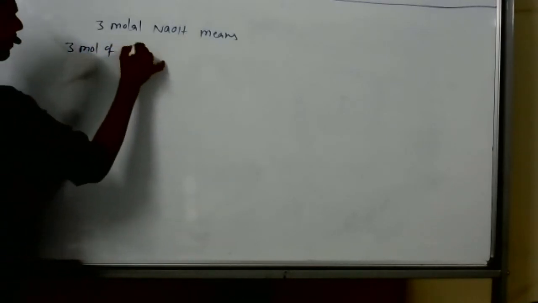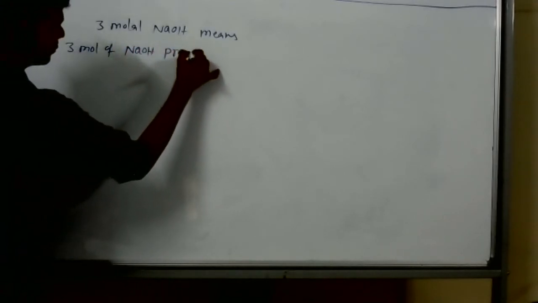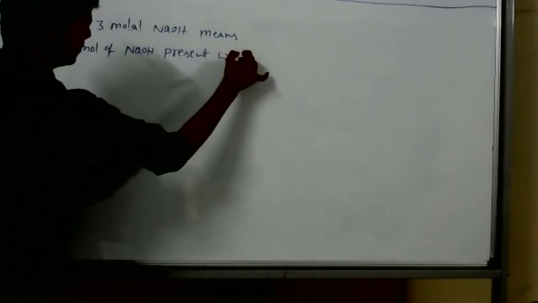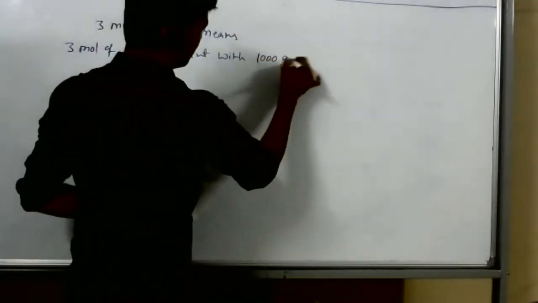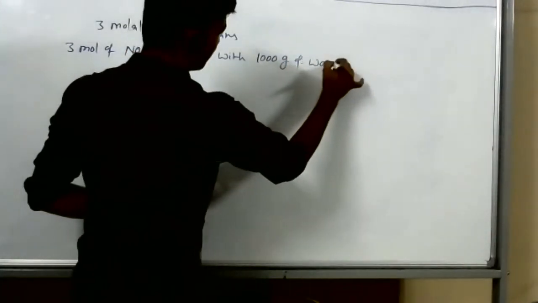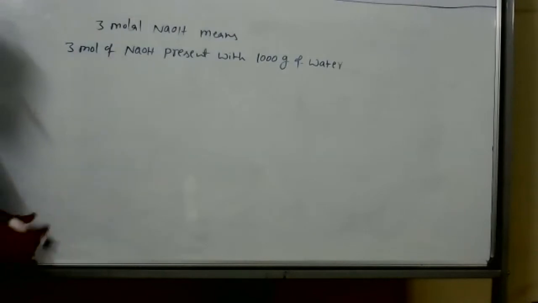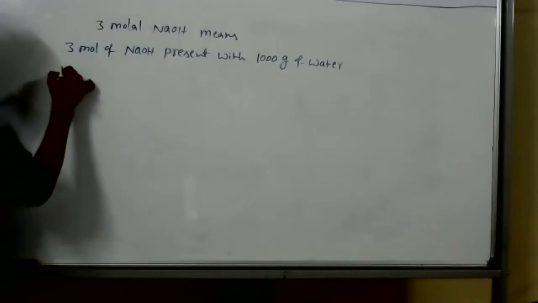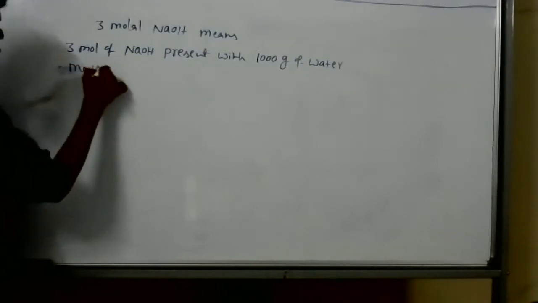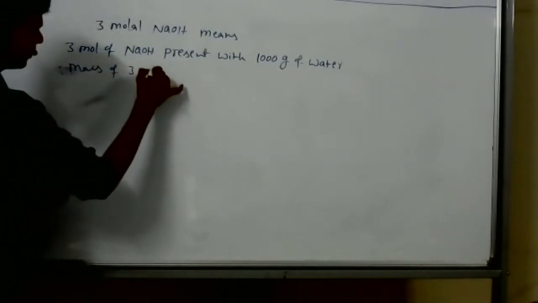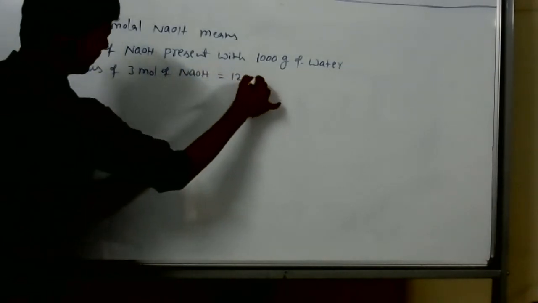The mass of 3 moles of NaOH is equal to 120 grams.